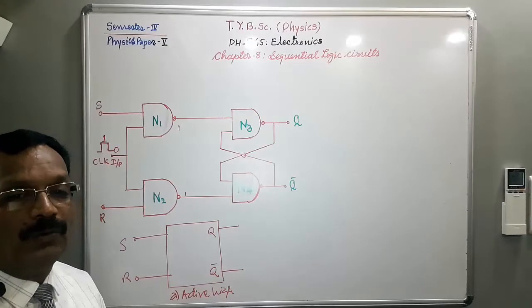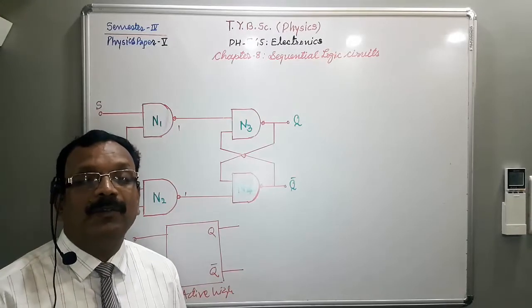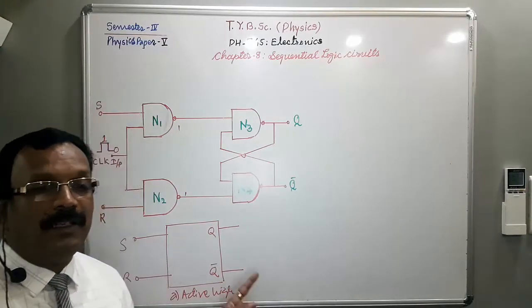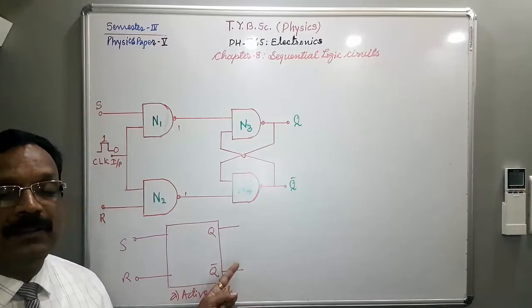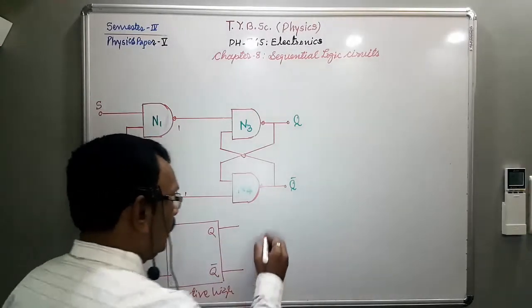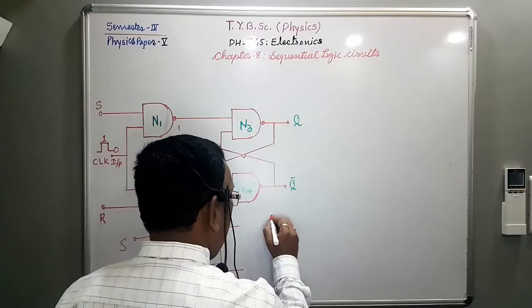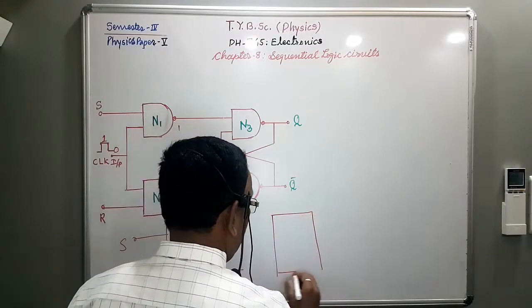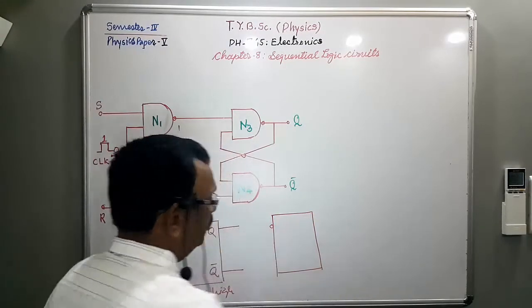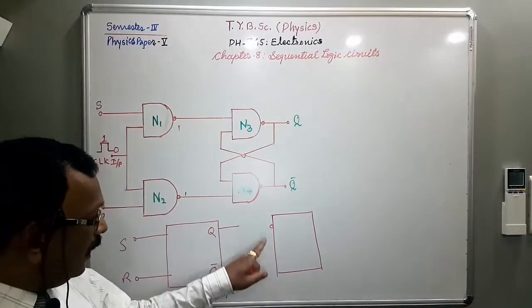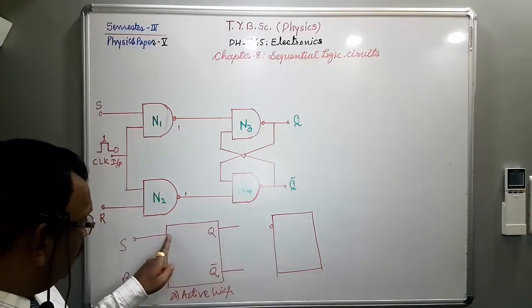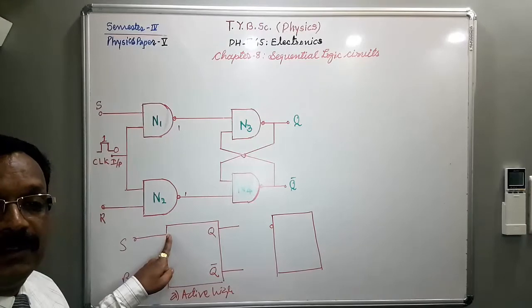Now active low. See here. Active low. That means what we have to do? We have to take the inverter, that is a NAND gate, instead of this simple input.